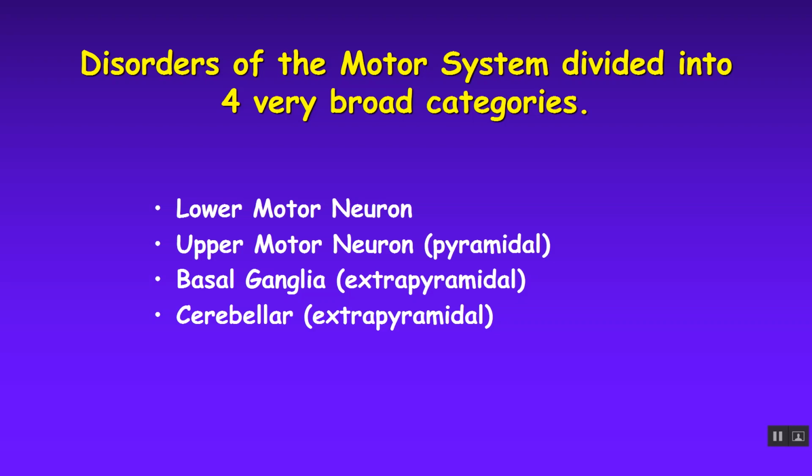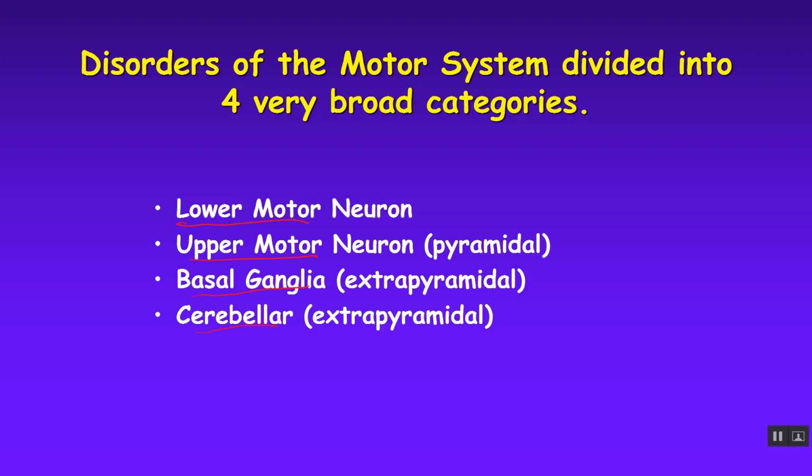Then you're saying this person primarily has a lower motor neuron problem, this person has primarily an upper motor neuron problem, they probably have a cerebellar or basal ganglia problem, or they have a combination of these 2. So if you know these 4 broad syndromes and what symptoms you'll see in each, you can pretty much piece together what's going on, okay? So we're going to call them lower motor neuron, upper motor neuron, basal ganglia, and cerebellar.